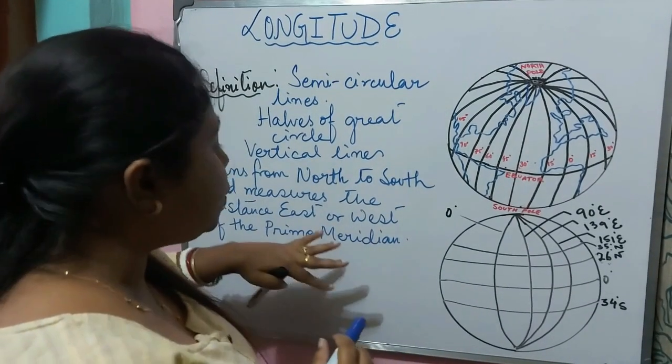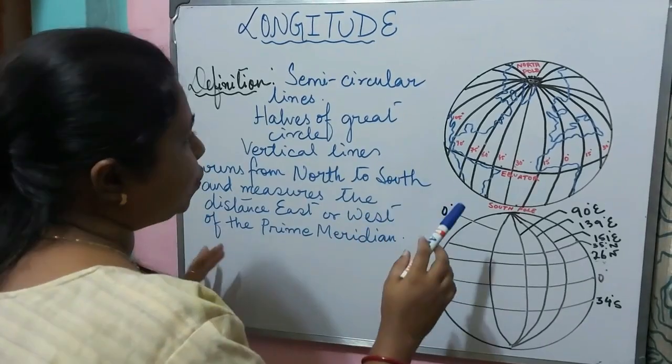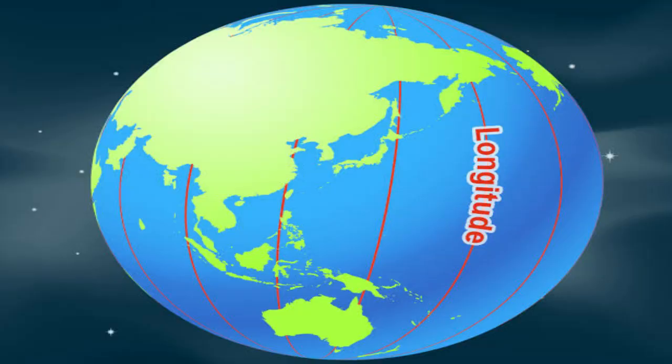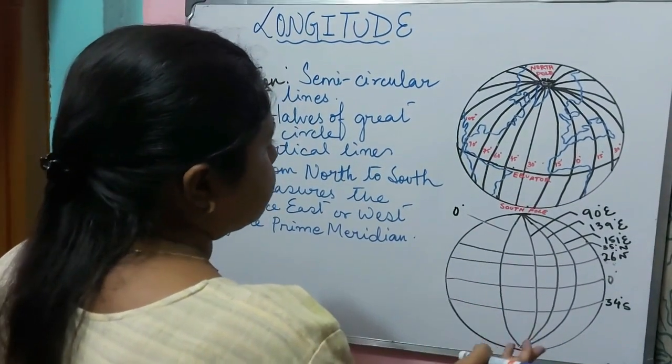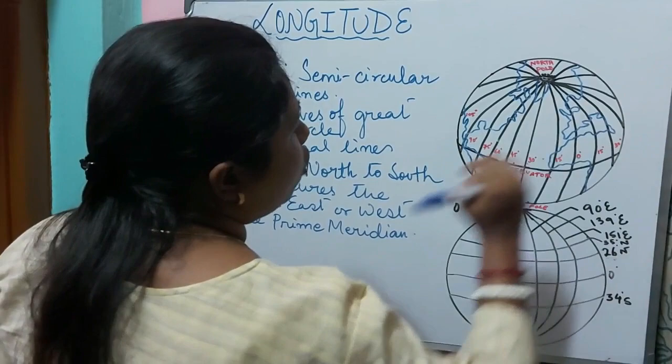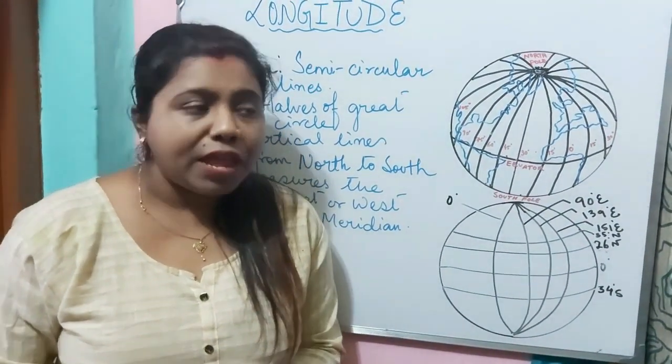We will come to the definition of the prime meridian. Now, first let us understand what longitudes are. Longitudes are semicircular lines, as I said, half of a great circle. They are vertical lines and they run from north to south, and they measure the distance east or west of the prime meridian. Now what do you mean by prime meridian?